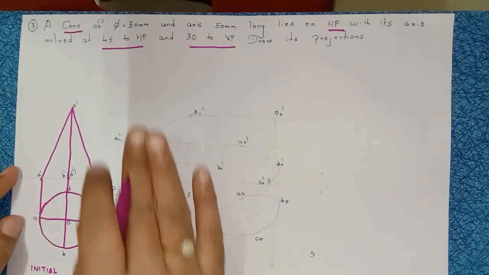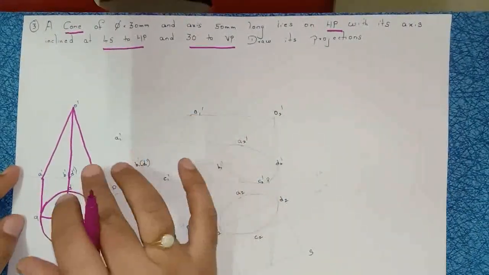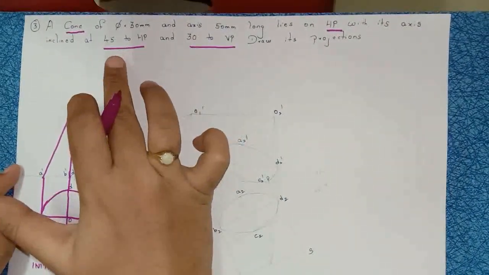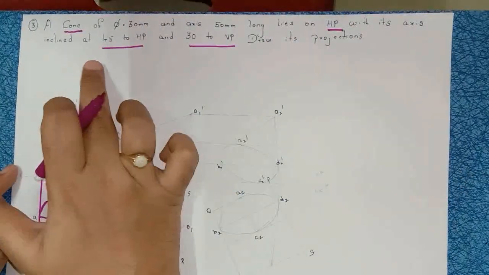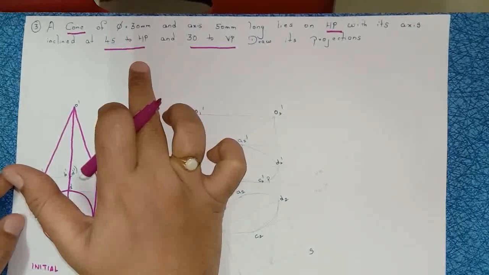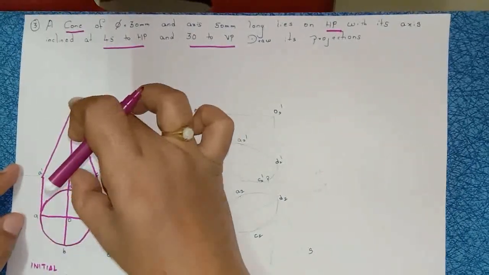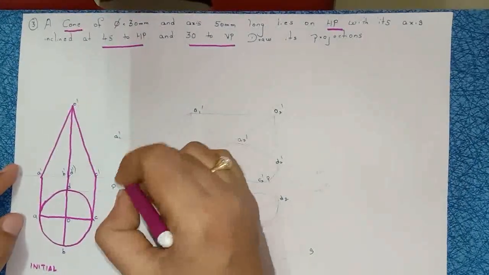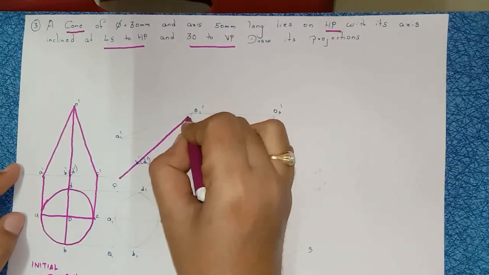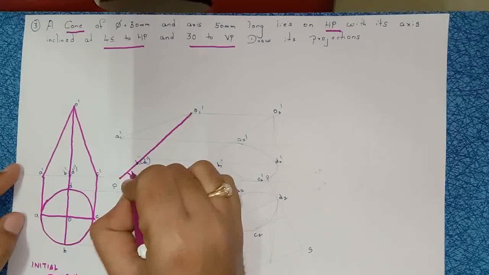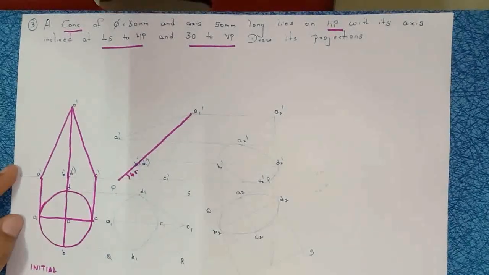Now, after constructing this initial position, what is the next step? Angle is here 45 degrees to HP. Clearly mentioned, axis is inclined at 45 degrees to HP. Right? So this is your axis line from B dash to O dash. Draw the axis line of any length with an angle here 45 degrees.